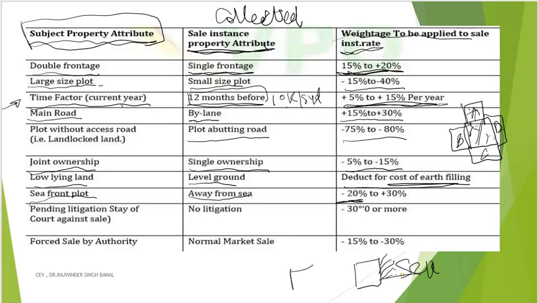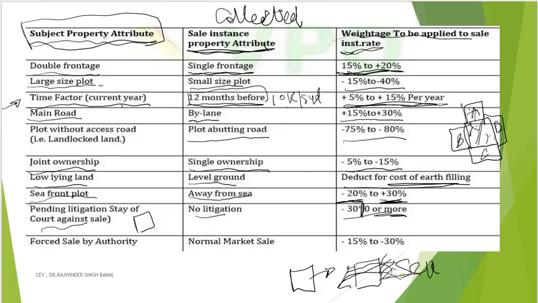And if it is away such that sea waves are not affecting it but it is providing a scenic view, then we may provide up to 30% weightage. Then for pending litigation, where there is a stay against this plot in a court while the comparable has no litigation, we may provide minus 30% or more depending on the case.